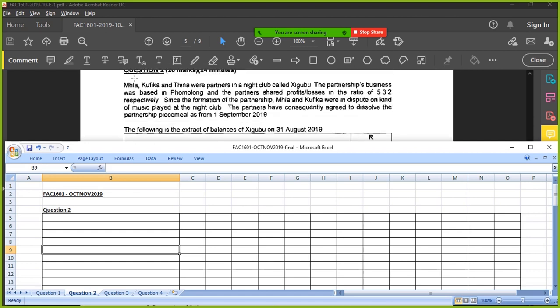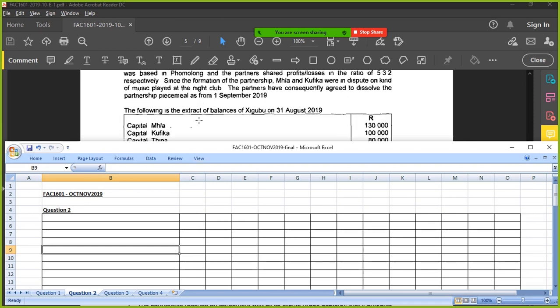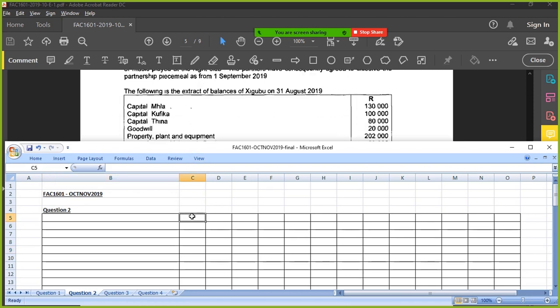Obviously you've got MKT, partners at a nightclub. They're sharing profit and losses. This is important. Capital, MKT.